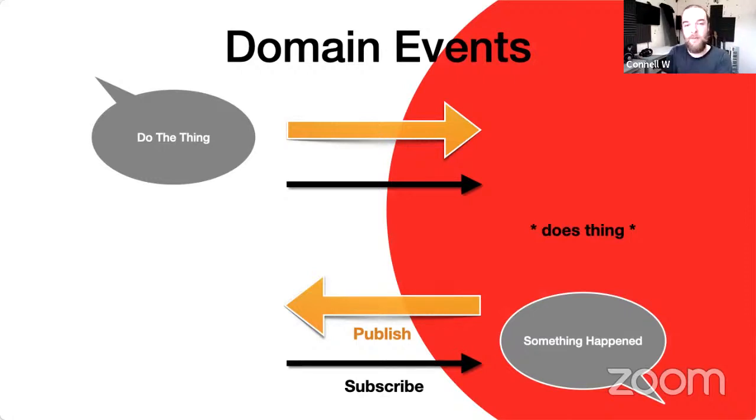So they know of the domain, so they depend on the domain. But the flow of control is coming out with the publish. So here again, I've inverted the flow of control. So domain events, or any events, a publish-subscribe pattern, is a way of inverting the flow of control, just like our ports and adapters architecture.